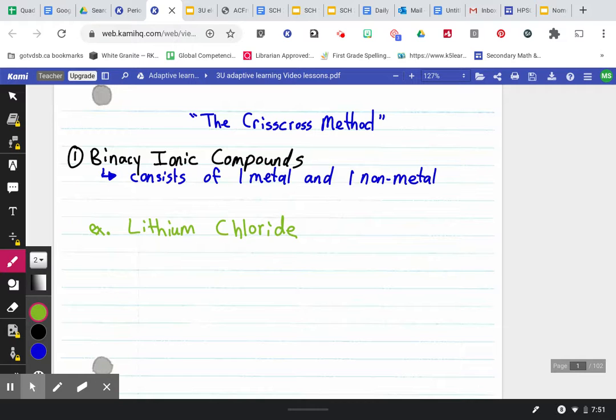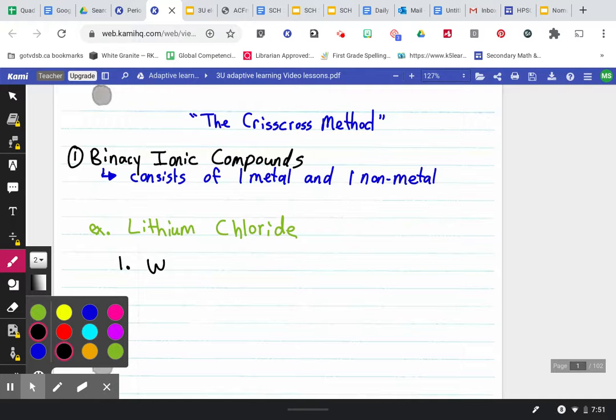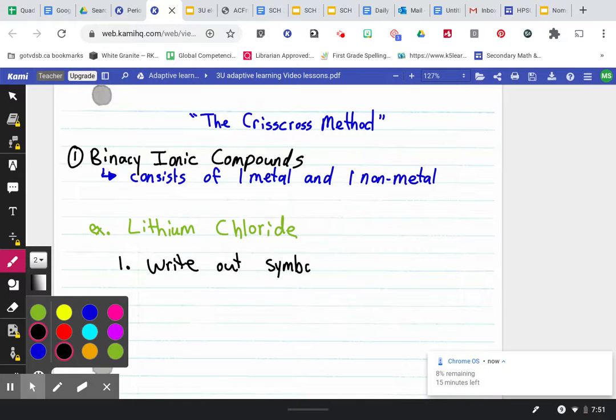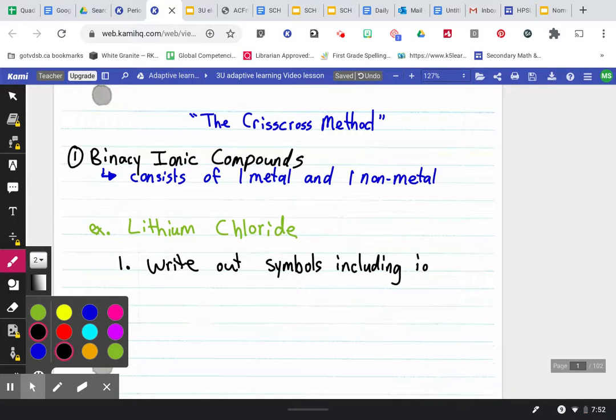Now, if we want to figure out the formula for this compound, what you want to do is write out our steps. The first step is to write out the symbols of the elements involved, including the ionic charges.